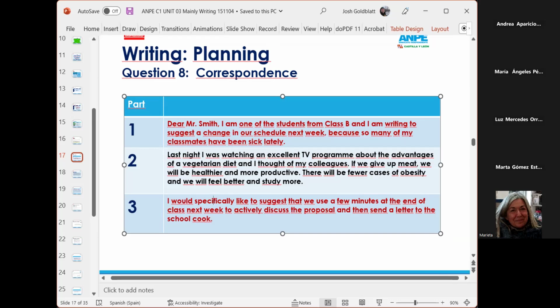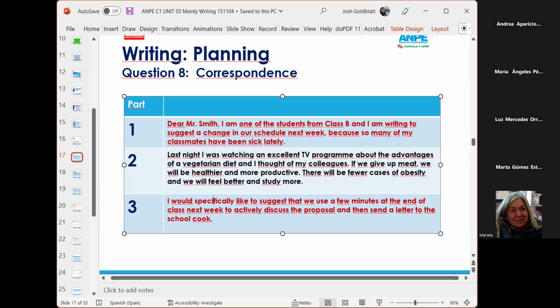Absolutely perfect. So this is an email or a letter which we have written to somebody up there, describing who we are, why we are writing, and what is the situation. In the second part, we're giving some evidence on where I have got my ideas from and some ideas which I am proposing.